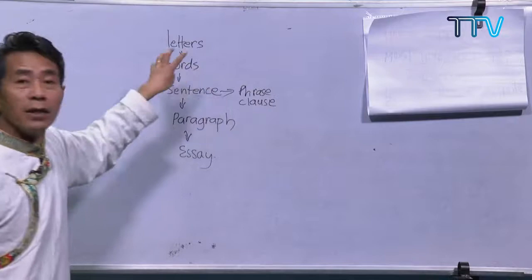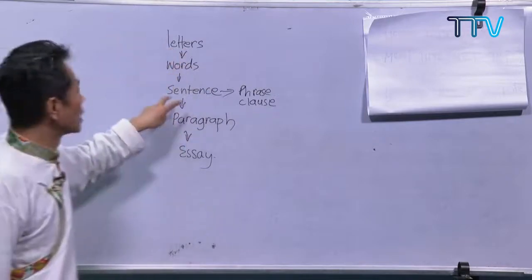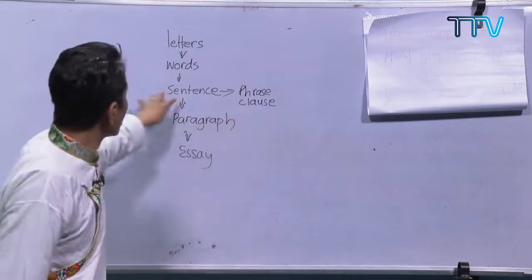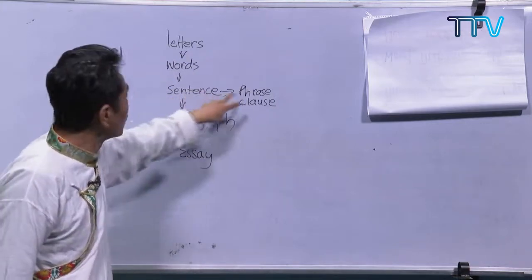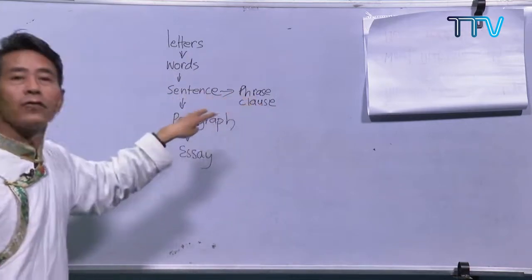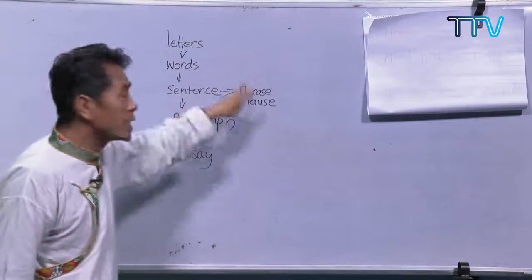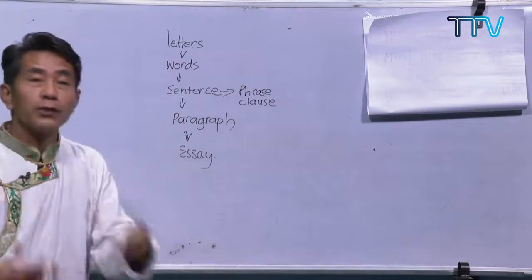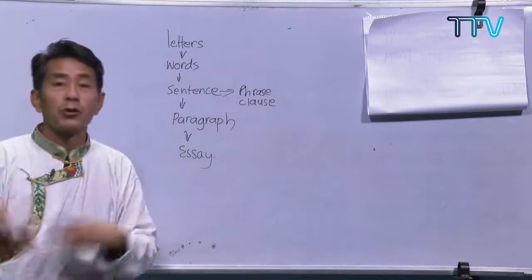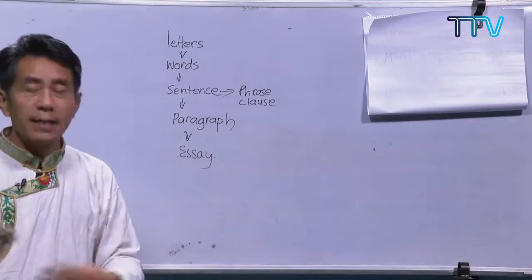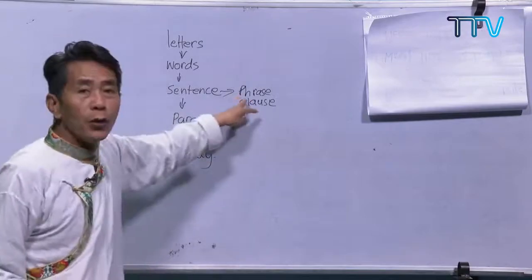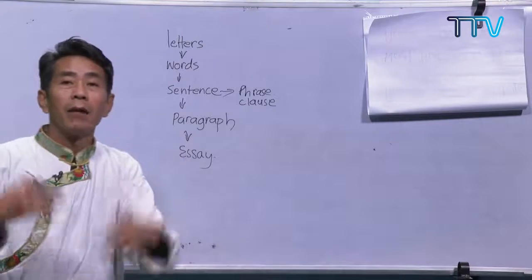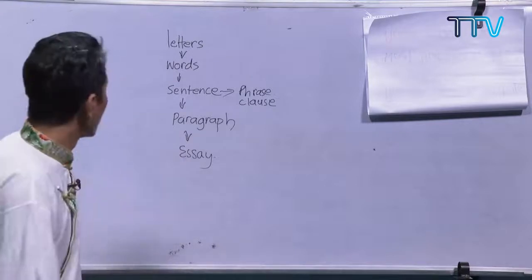A group of words can make a phrase or a clause. These are words you should know, because we are already doing the different types of sentences, and I'm going to explain them in a couple of minutes.